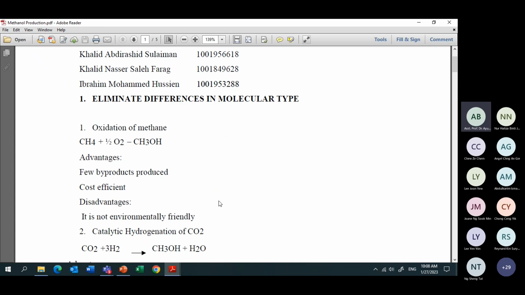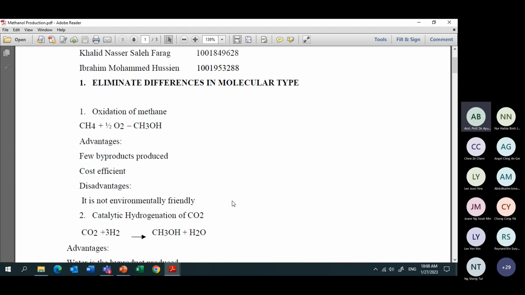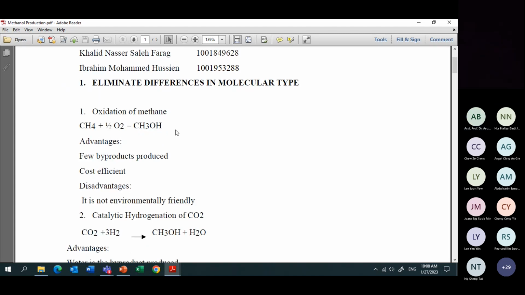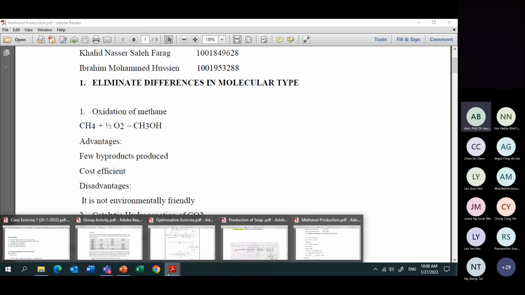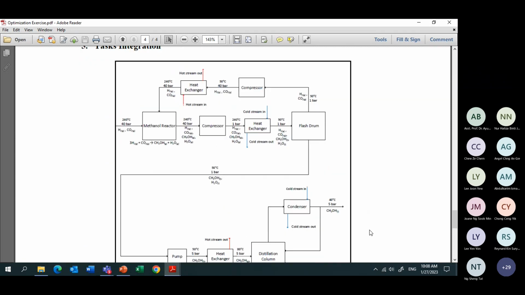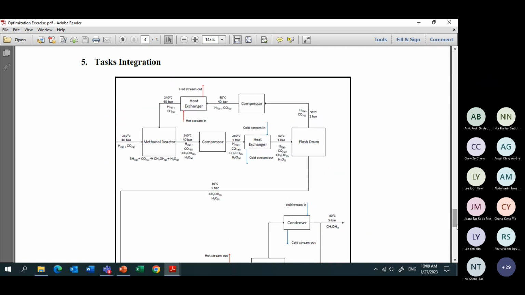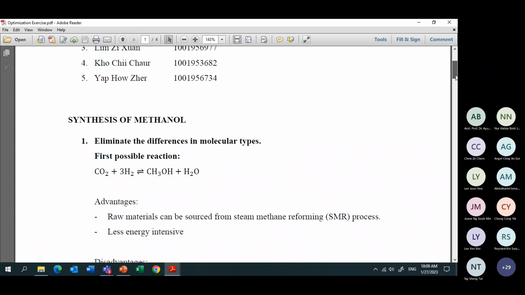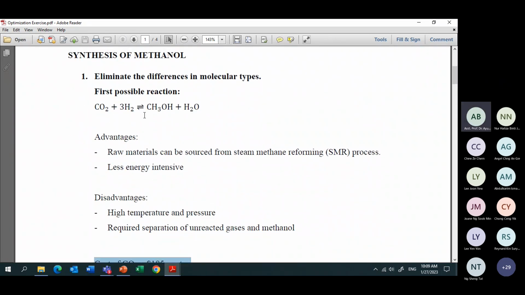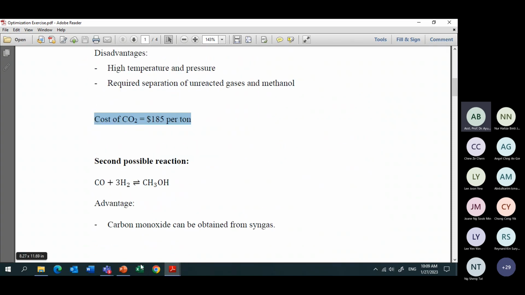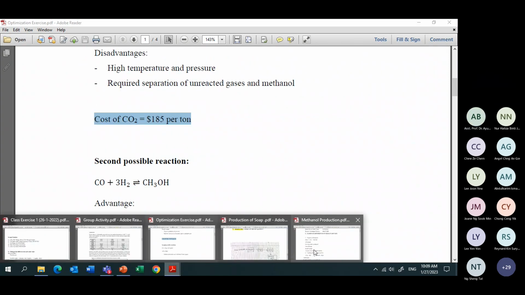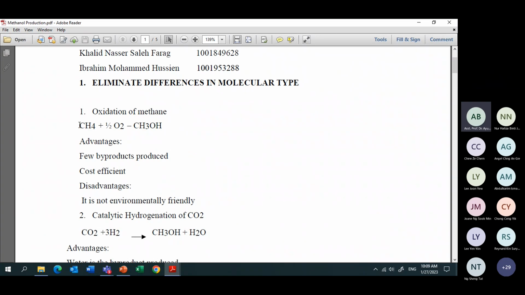This is also methanol production. We have oxidation. Wait, just now also methanol, right? Which group? Okay, this group produces methanol using this kind of reaction, CO2 and CO. This group uses methane plus O2.